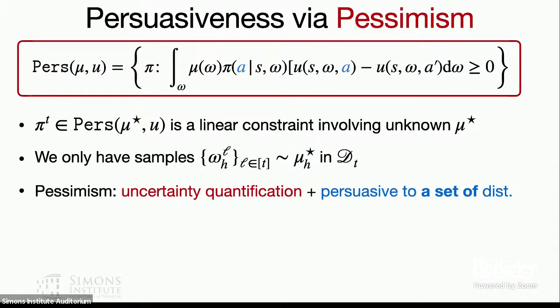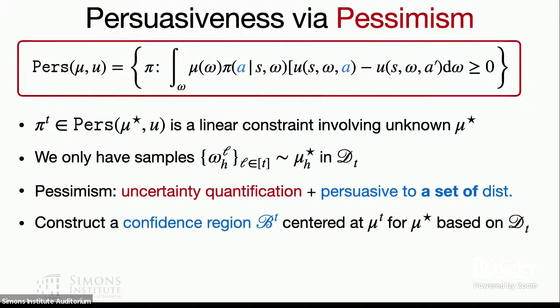So how do we ensure the persuasiveness constraint is satisfied? What we are going to do is use a pessimism approach. That is, instead of estimating the prior distribution directly from the data, we also construct a confidence region for the prior distribution, which contains the prior distribution with high probability. Then in our policy update, we update our policy by letting it be persuasive for all the distributions within the confidence region.